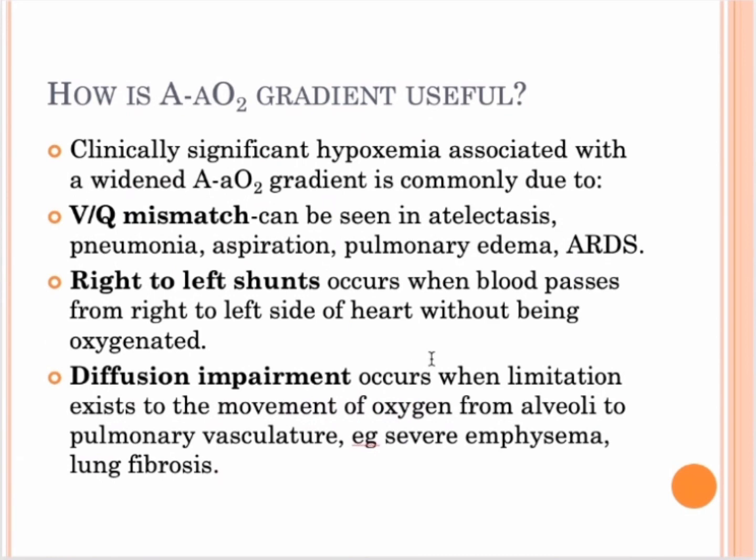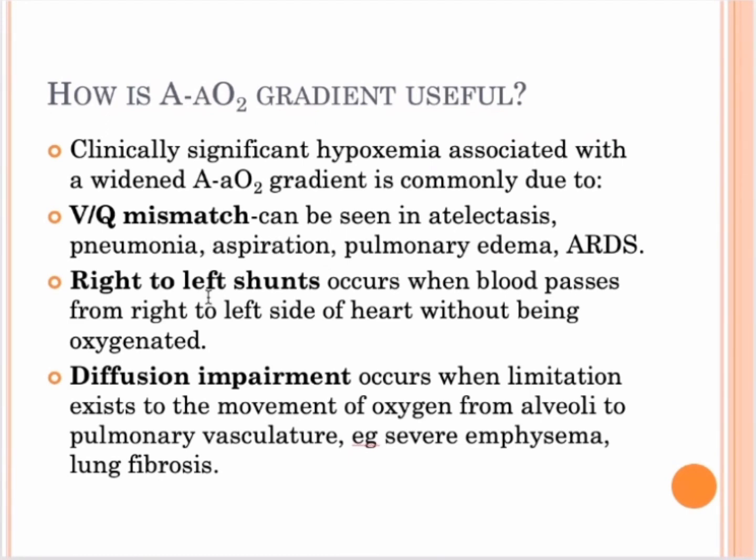So is it really useful to calculate AA gradient? Yes, clinically significant hypoxemia is associated with a widened AA gradient. It is commonly due to VQ mismatch, which can be seen in atelectasis, pneumonia, aspiration pneumonia, pulmonary edema, or ARDS. The most common cause of ICU admission is VQ mismatch.